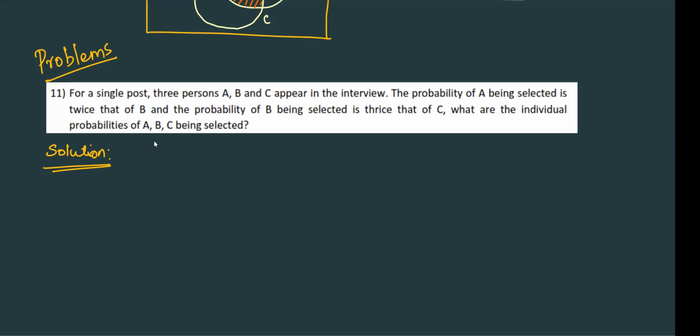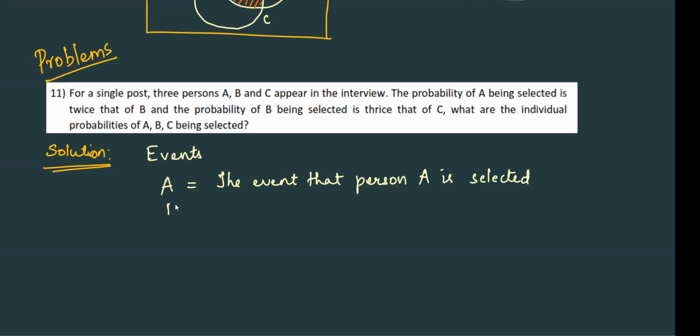And one more thing, anybody? What else can you say about this? For a single post, 3 persons appear in the interview. First, write the events. Event A is the event that person A is selected. B is the event that person B is selected.